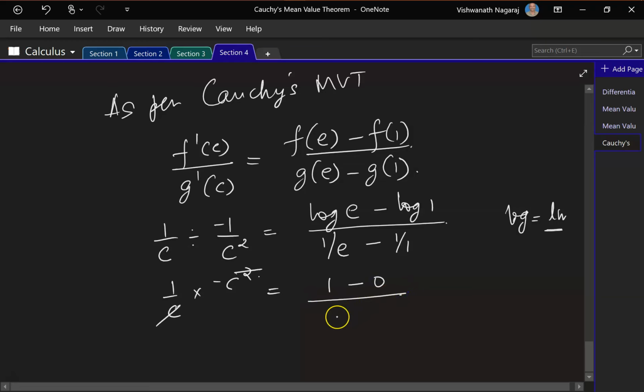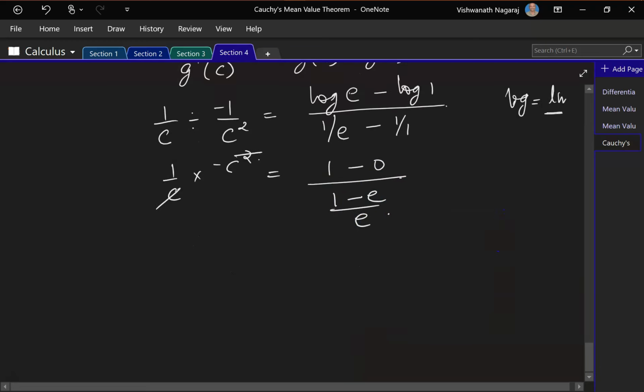Now let's add it up, so we get 1 minus e by e, so we get minus c is equal to e by 1 minus e. Now let's take this minus sign to the other side, and let's make that minus sign disappear by changing the signs of the denominator, so e minus 1.